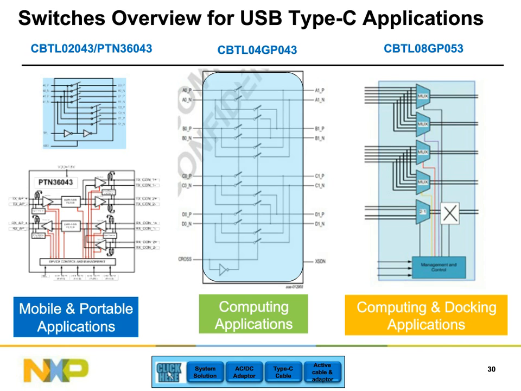And the other two switches, the switch that I've shown in the middle and to the right, are different flavors of a cross-point switch. So if you are developing a system that does support alternate mode, along with the high-speed USB path, then you would need a cross-point switch, as I discussed earlier. And we have a couple of different options for the cross-point to offer solutions for high-speed data switching as well.